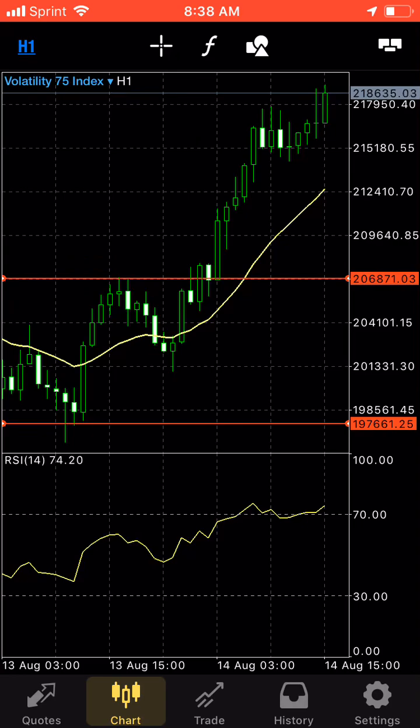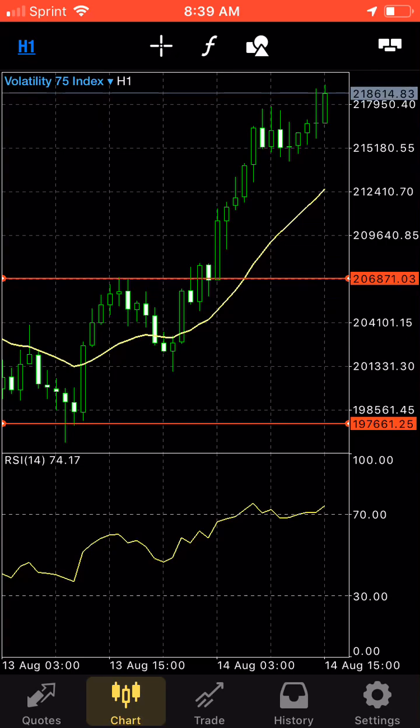Immediately price broke out, price broke up the 206,871.03 level, then you have a very valid opportunity to enter the trade.